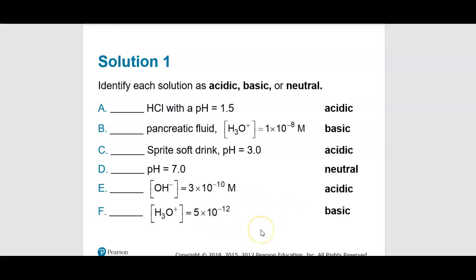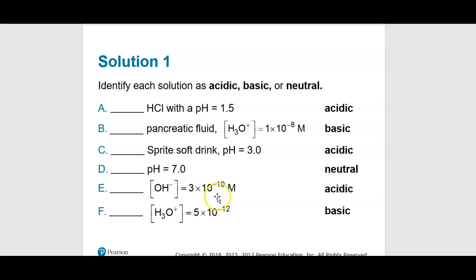And it's that 10 to the minus 7th cutoff: which side is it on? Is it greater or less? You're going to have more hydroxide in basic solution, less hydroxide in acidic solution.